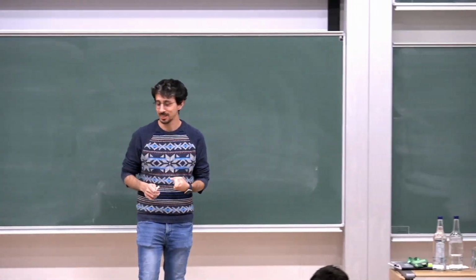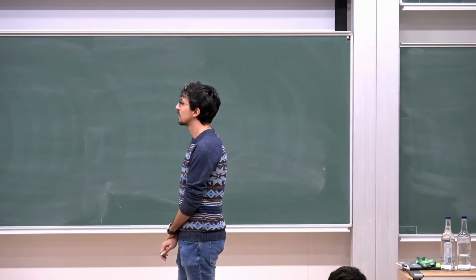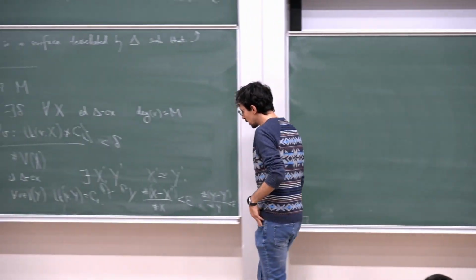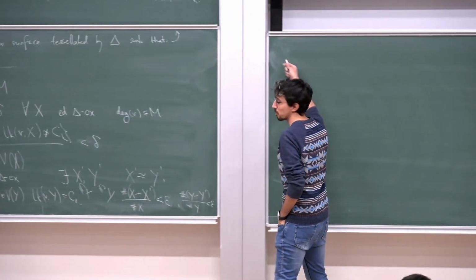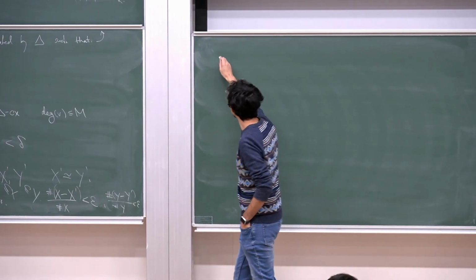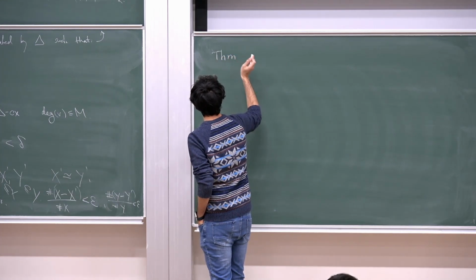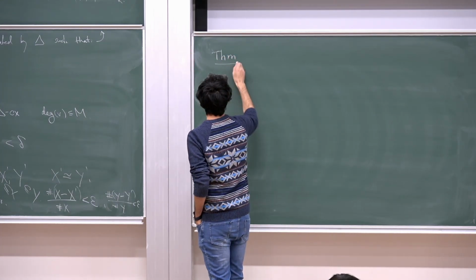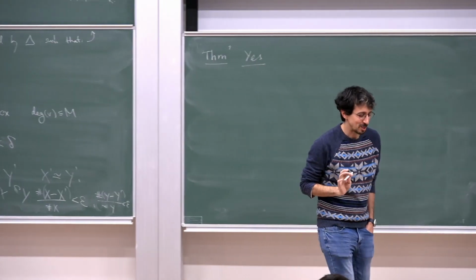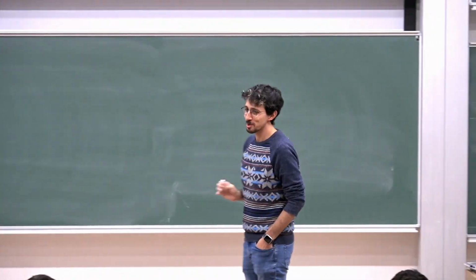Let's dig a little deeper into this problem and see how one approaches it. Before that, I was about to write the theorem. The theorem is that the answer is yes, but it's very much work in progress, which I should have said at the beginning. I believe it's true.